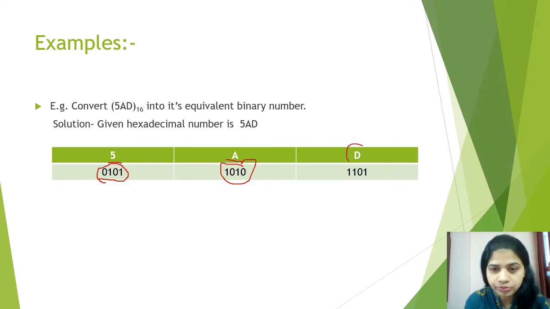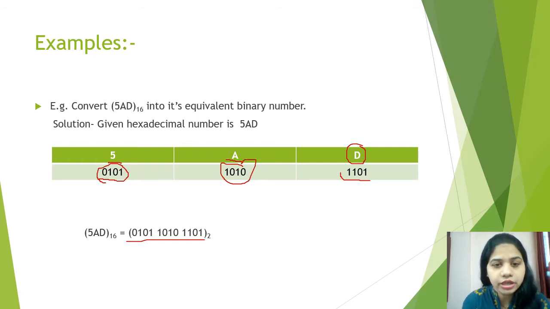And then D is the number 13, which is replaced by 1101, the corresponding 4-bit binary equivalent of D. So our hexadecimal number 5AD becomes 0101 1010 1101 in binary. This is how we can convert the given hexadecimal number into its equivalent binary number.